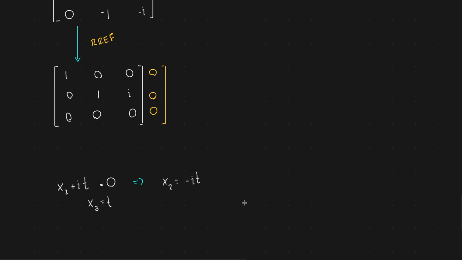It's a little scary because we have these imaginary numbers that we don't usually deal with, but for the most part, the math just works out the same. Row 1 will tell me about x1: x1 plus 0 x2 plus 0 x3 equals 0. So I know what x1, x2, and x3 are in terms of the free variable t.